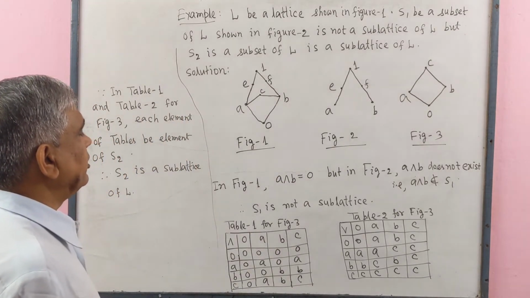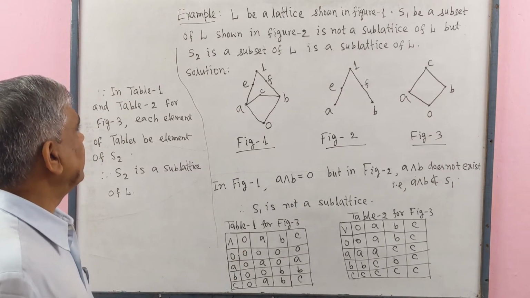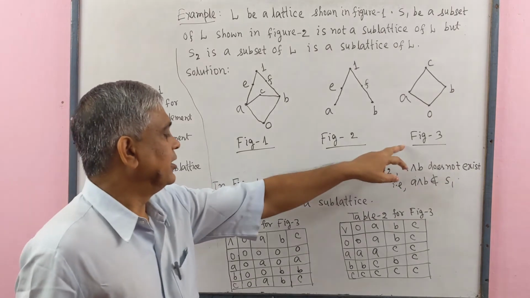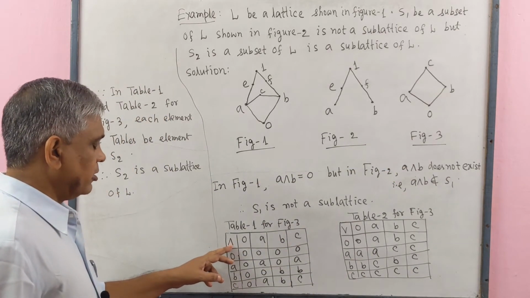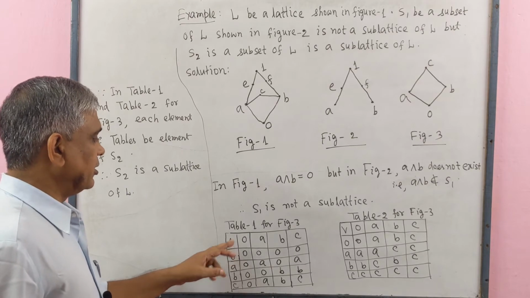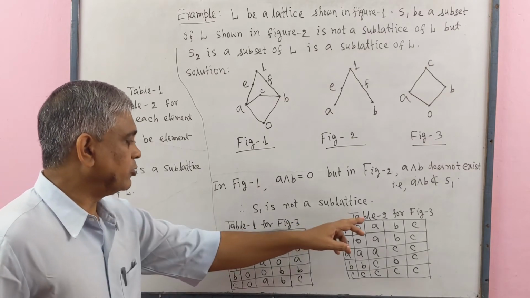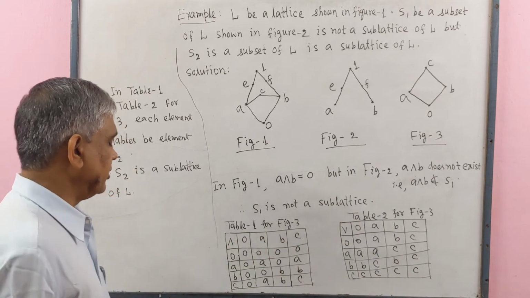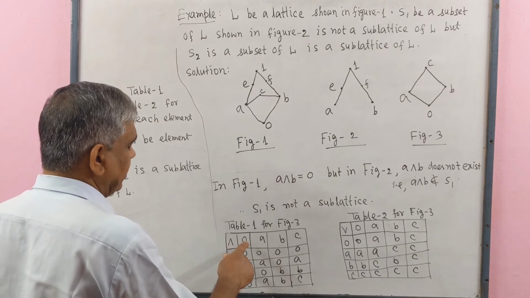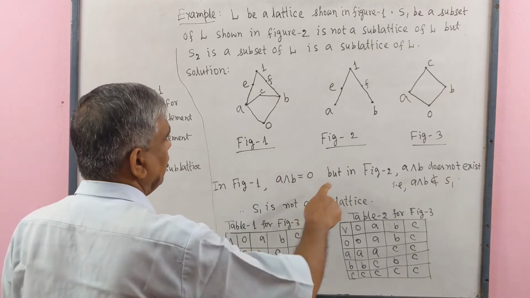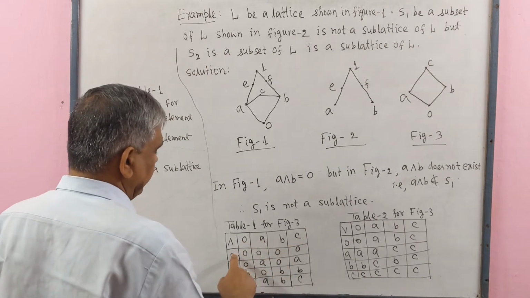Now, we construct the tables for figure 3. Table 1 is for meet and table 2 for join. Firstly, we write the elements of S2 in the first row and first column.